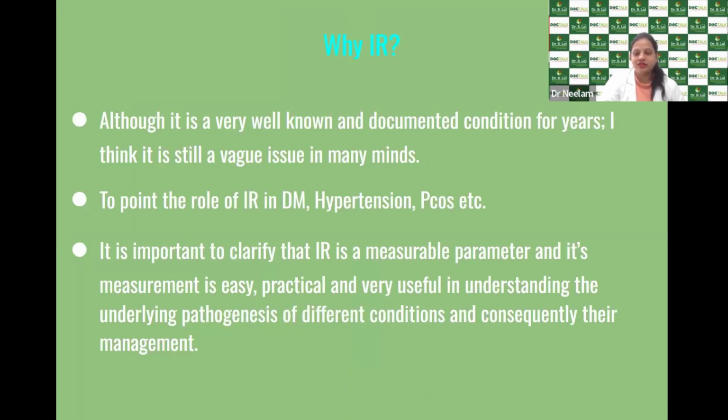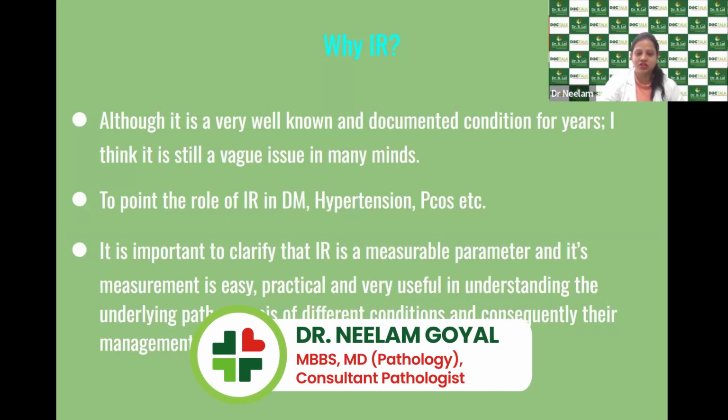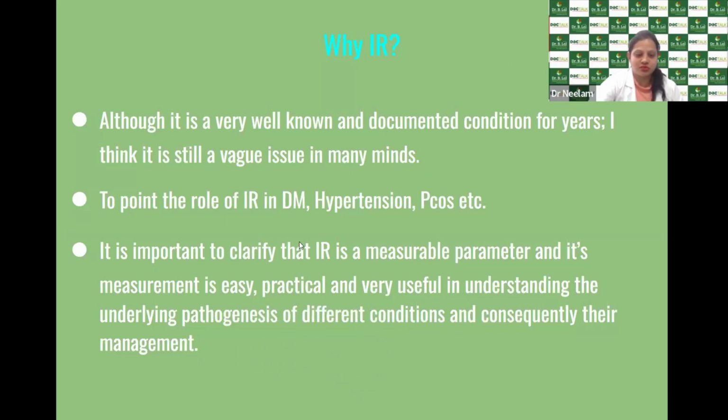So, why is insulin resistance discussed here? To point out the role of insulin resistance in diabetes mellitus, hypertension, PCOS, it is very important to clarify that it is a measurable parameter and its measurement is easy, practical, and very useful in understanding the underlying pathogenesis of different conditions and consequently their management.